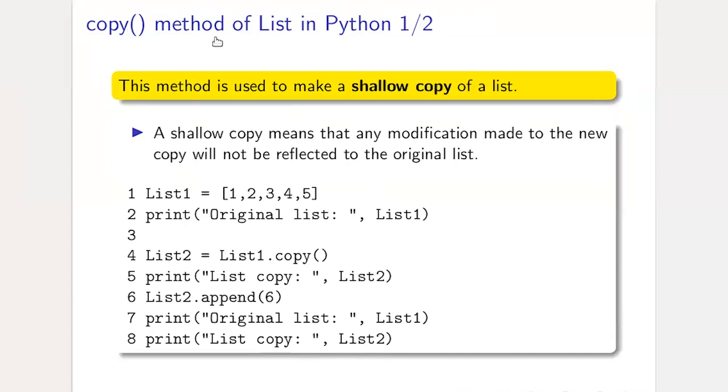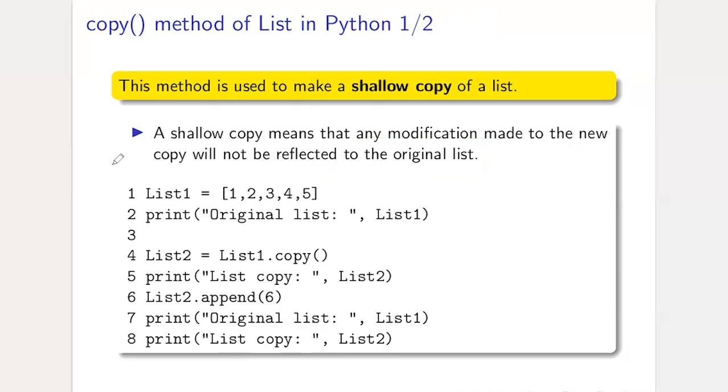So a shallow copy means you have a new copy. So any changes you do in the original list will not be affected there.